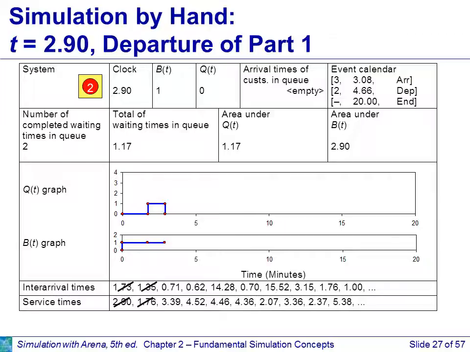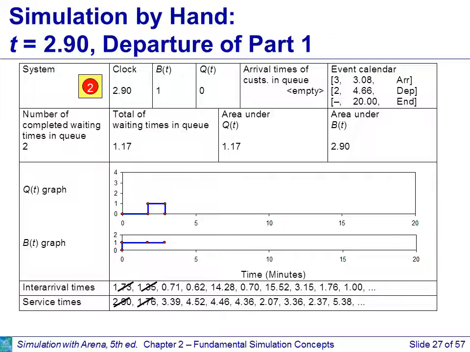Because the second part has already finished waiting in the queue, and it waited there for the time between its arrival and the service time. So if we subtract from the service time for part 1, which was 2.9, the inter-arrival time, the time when part 2 arrived, which was 1.73, so 2.9 minus 1.73 is going to be 1.17, which is the waiting time for part 2.